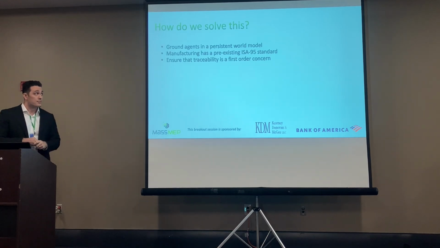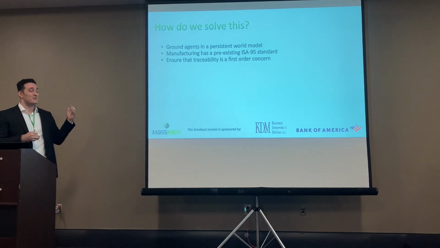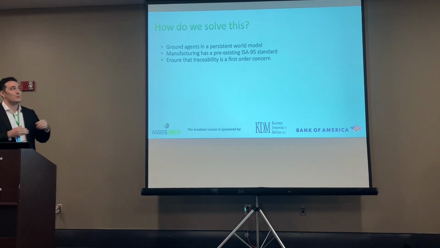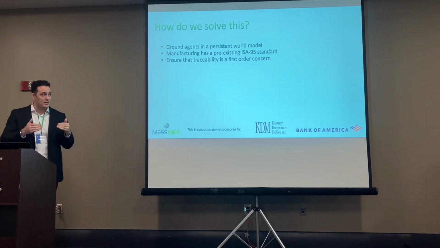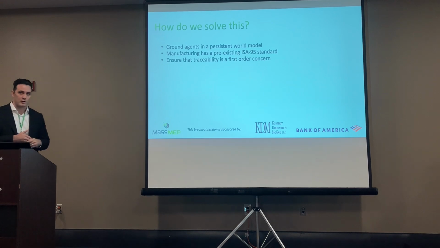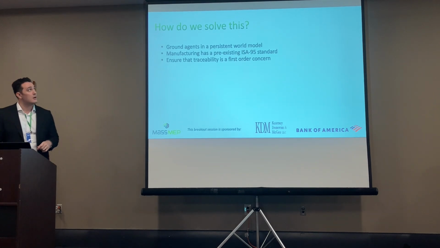And the last thing I'll say about how we solve all these things is really ensuring that traceability is top of mind. The reason we arrived at world models and these persistent ontologies to begin with is through a concern for traceability. And as we keep that in the forefront of our minds, we'll start implementing technology that leads us in that direction.